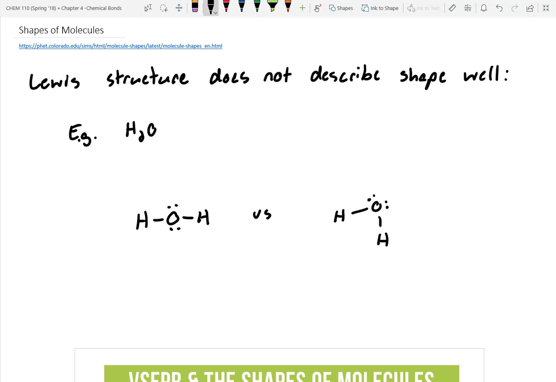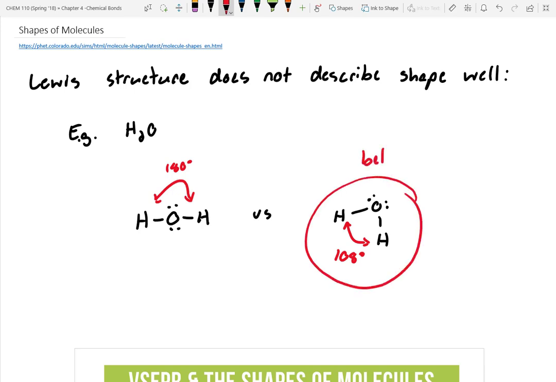So these were the 2 different ways we had for drawing structure. We said both are correct according to the Lewis drawing system that we saw, but we actually know that this angle between the 2 hydrogens in water is closer to 108 degrees. We can experimentally measure that, which means that this one where we show them 180 degrees apart isn't going to be very accurate. So this is the better drawing.